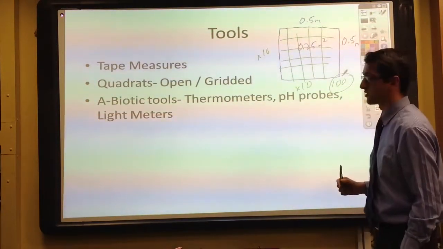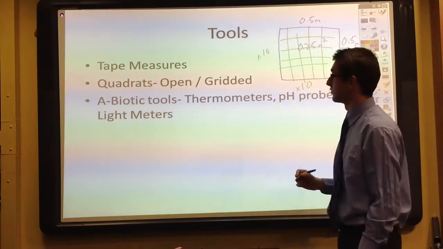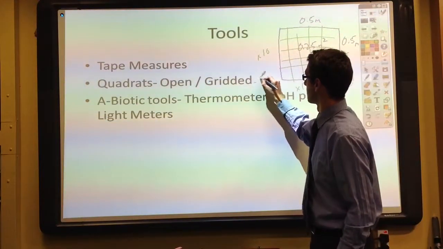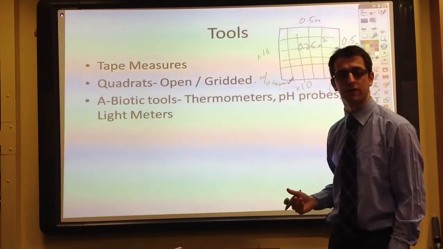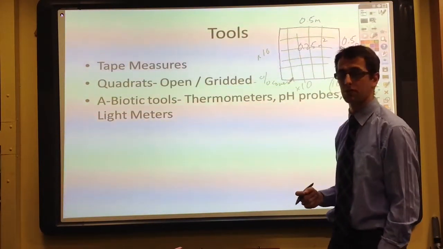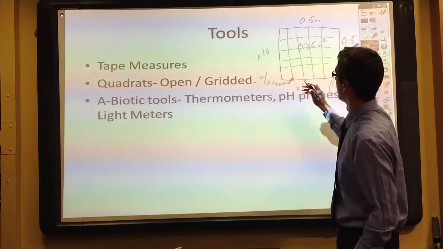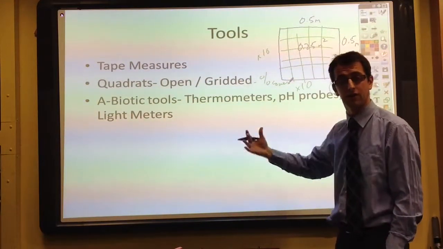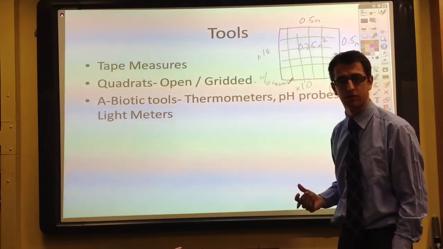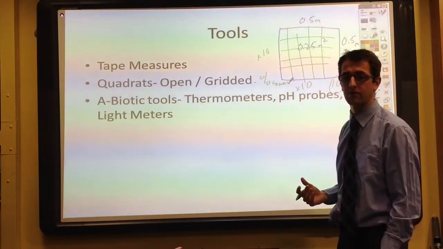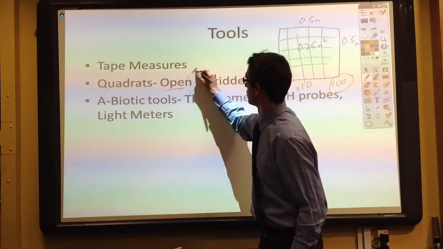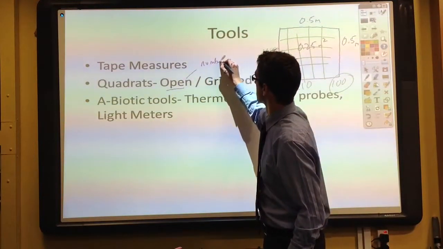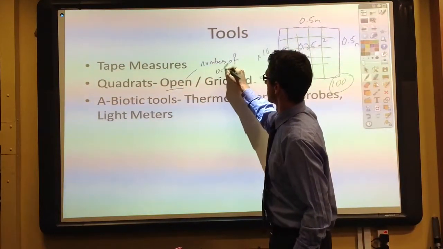These gridded quadrats are much more useful for looking at percentage cover. So plant life or something like that that's too many to count or difficult to count, you work as a percentage cover, and because there's 100 squares you can count the number of squares and easily get a percentage from that. Whereas an open quadrat is usually done for the numbers of organisms.